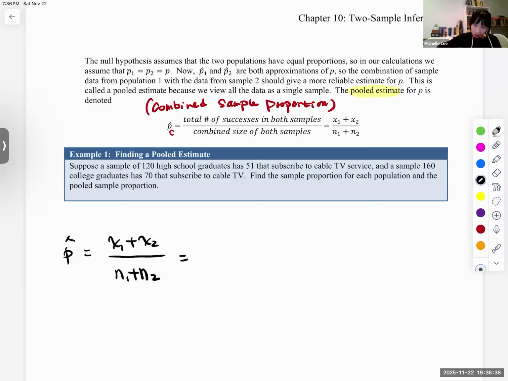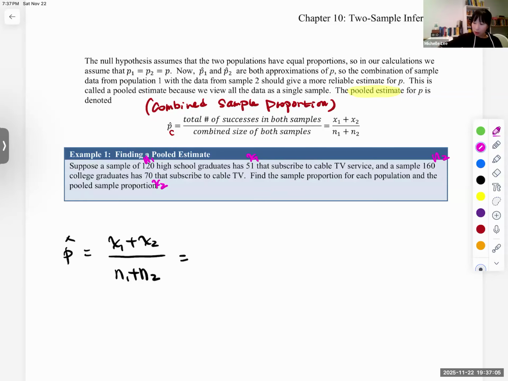This is n sub 1 and x sub 1, and this is n sub 2 and x sub 2.